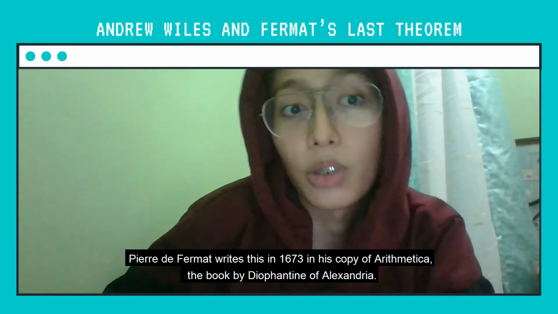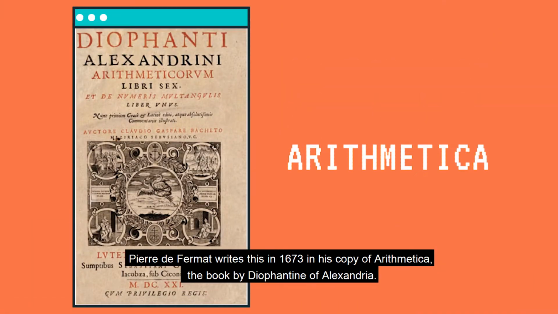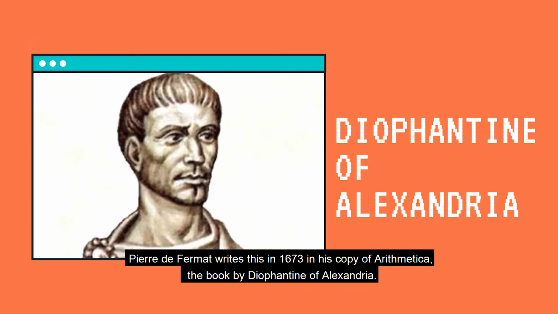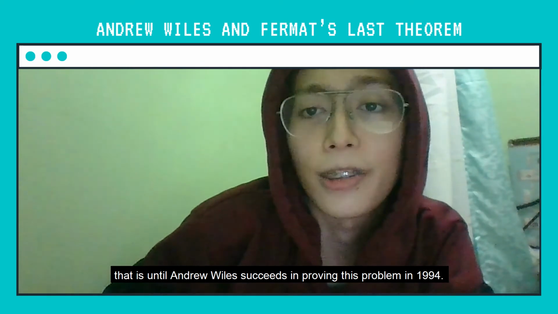Pierre de Fermat wrote this in 1637 in his copy of Arithmetica, the book by Diophantus of Alexandria. For about 300 years, 3 centuries I think, mathematicians had been looking for a proof of this theorem by Fermat. That is until Andrew Wiles succeeded in proving this problem in 1994.